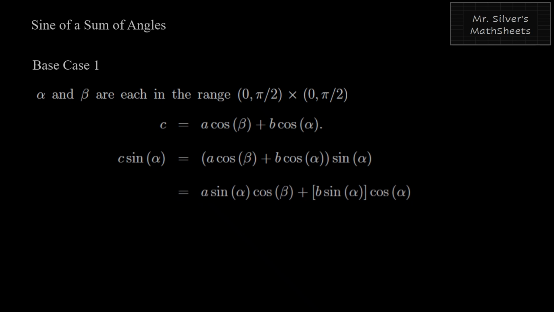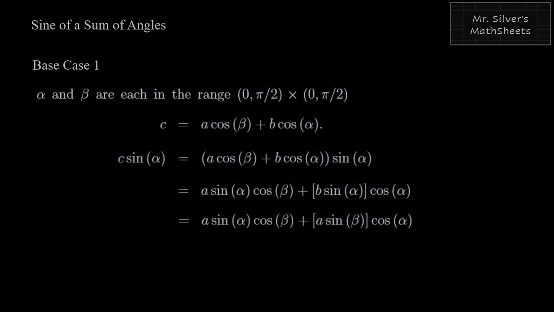And we're going to combine the B and the sine alpha, and the reason why is because we want to use the law of sines. And we substitute B sine alpha with A sine beta. Now we're going to use the law of sines again, but this time with C and A.